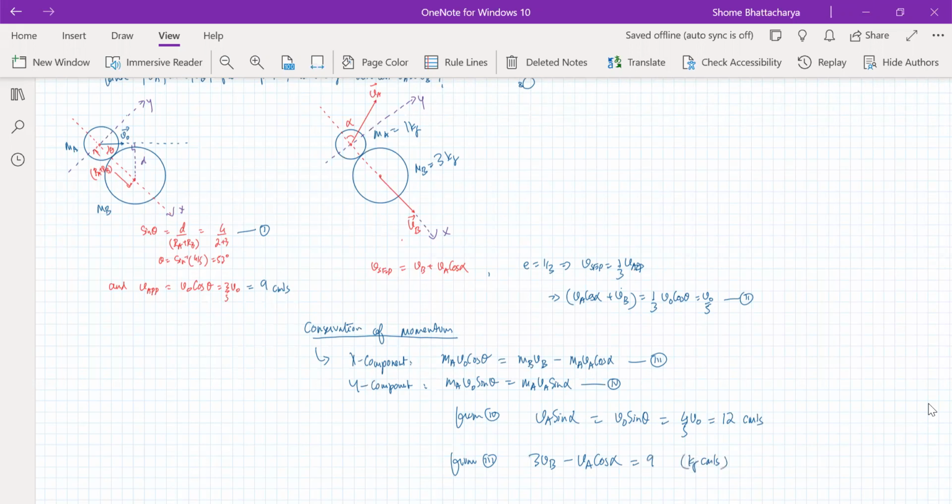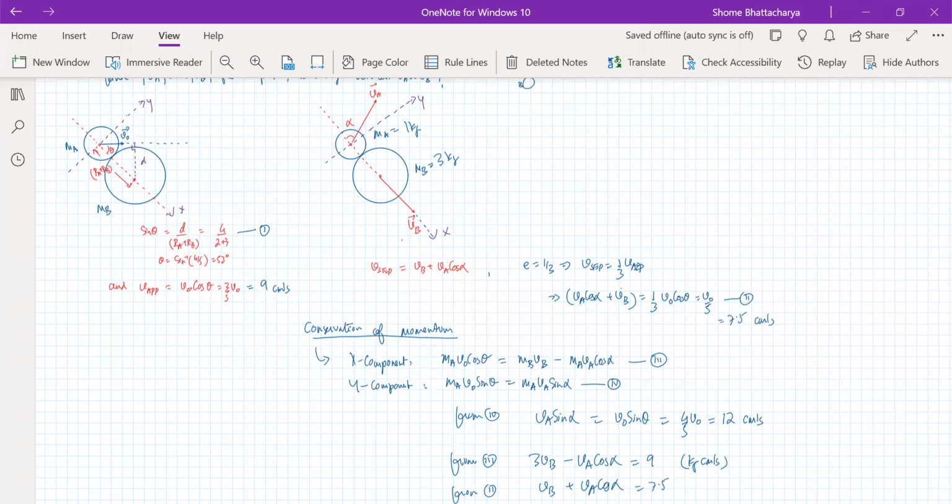It's a momentum equation. And from equation 2, which is the approach and separation velocity one, we have that VB plus VA cos alpha is equal to how much? V naught by 5. So V naught by 5 is 7.5 centimeters per second.